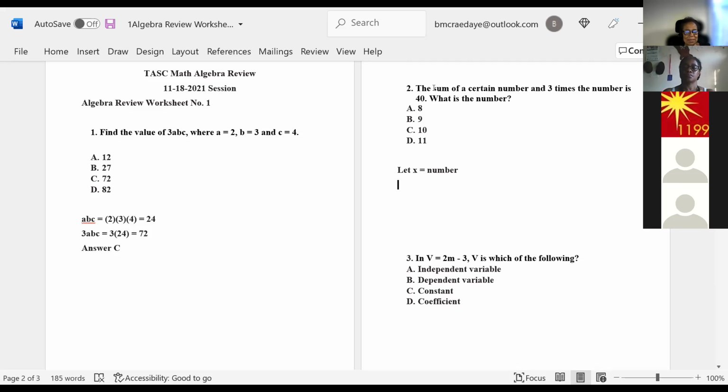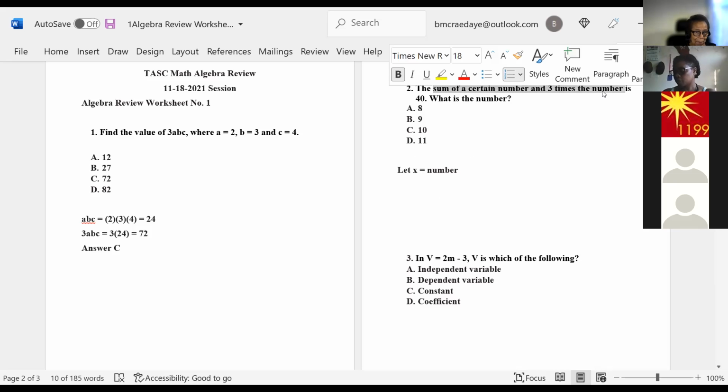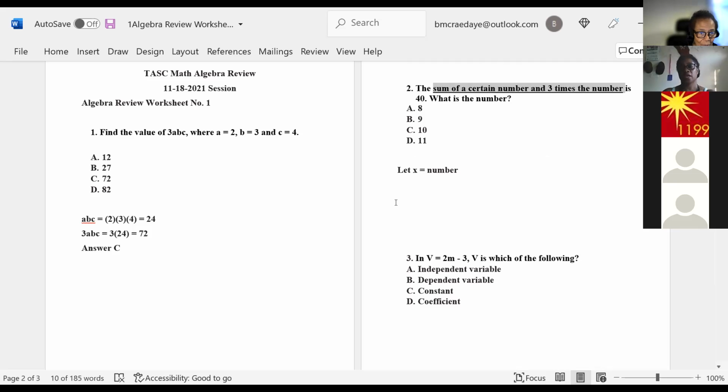How do I write the sum of a certain number and 3 times the number? You write X plus 3X equals 40. That's right. X, that's the number, plus 3 times the number, which is 3X, equals 40.